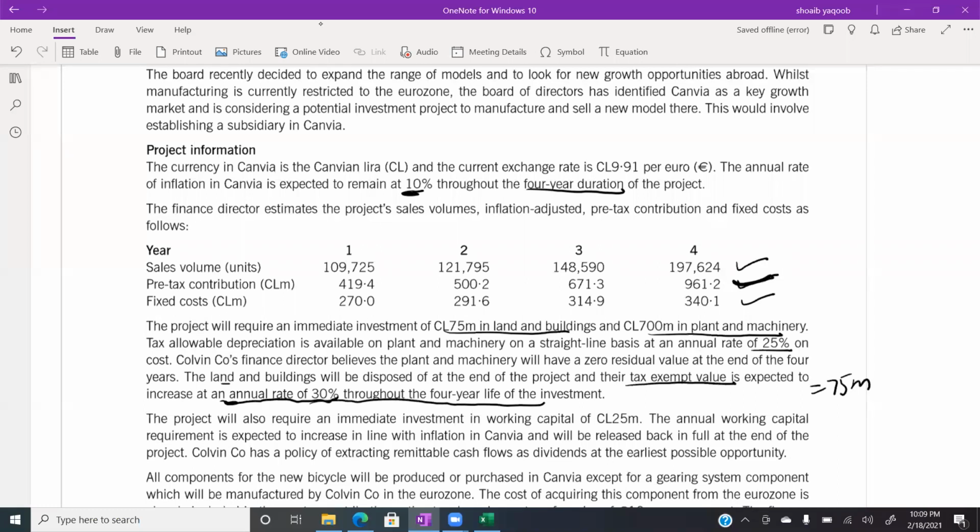So that means we will increase it at a rate of 30% by putting the power of 4, because the land and building will increase by 30% annually, and for 4 years we will have to inflate it, or we have to put the power of 4. So what is the value after 4 years?